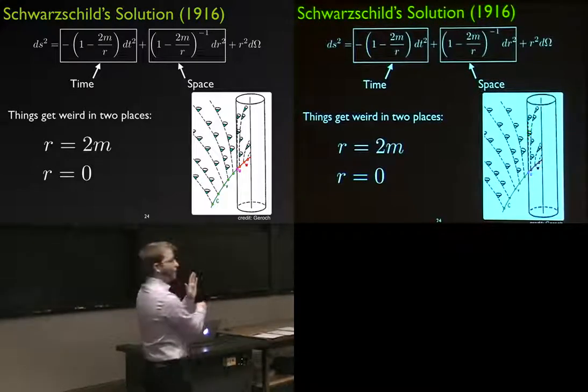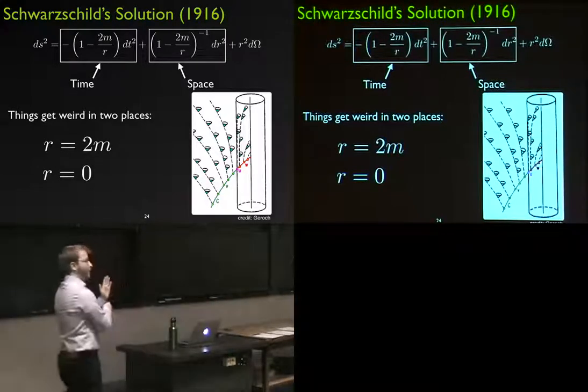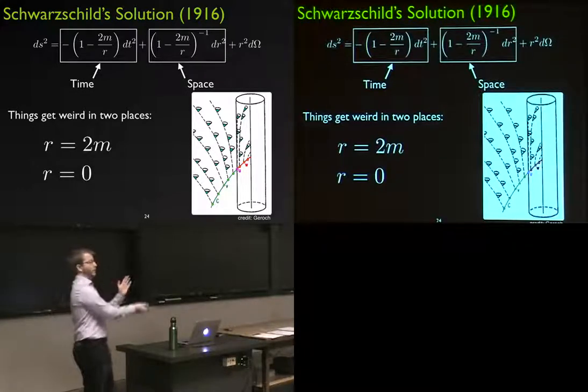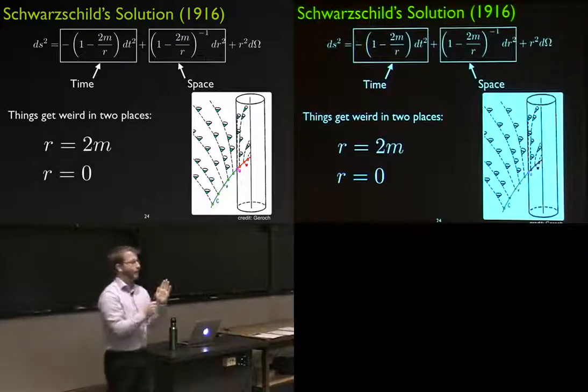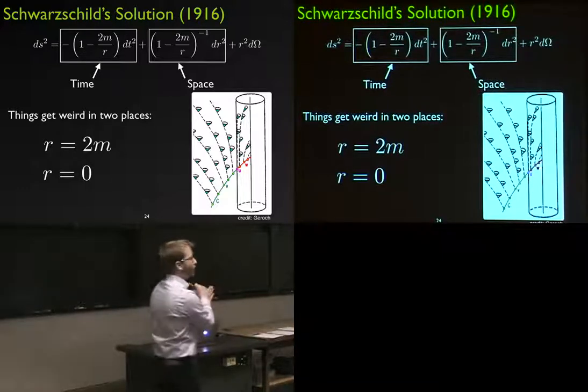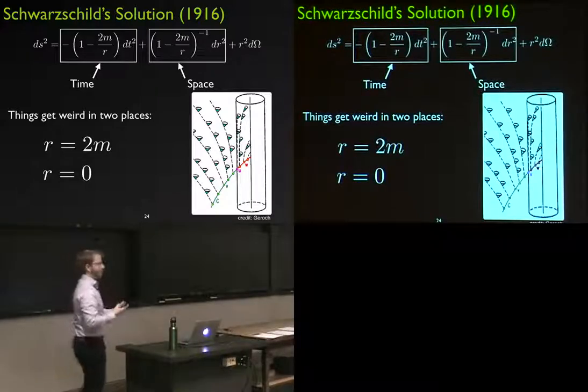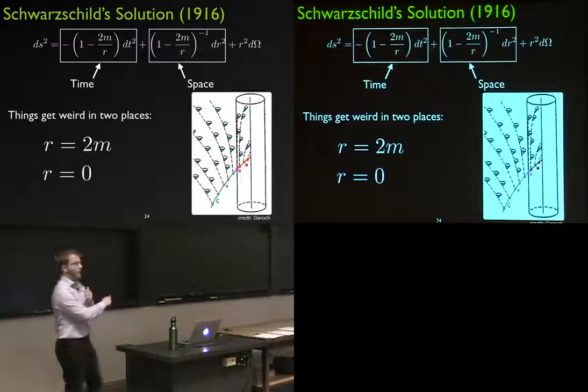Once you cross that radius, you can't go back. There's no way that you can draw a path through space-time that would get you out of that black hole. So that's defining the event horizon of a black hole, and once you pass it, you're stuck. There's nowhere to go but toward the center, which is the singularity at r equals 0.